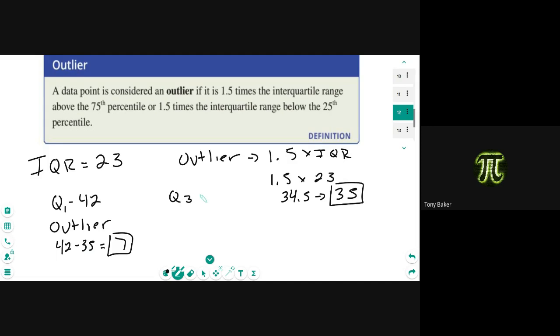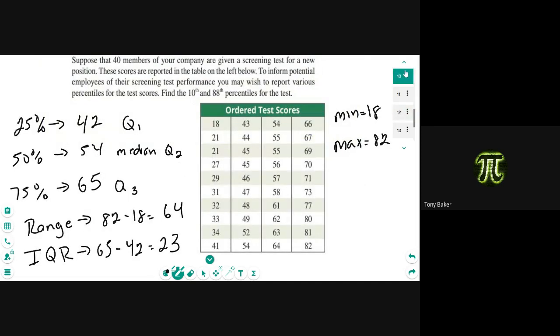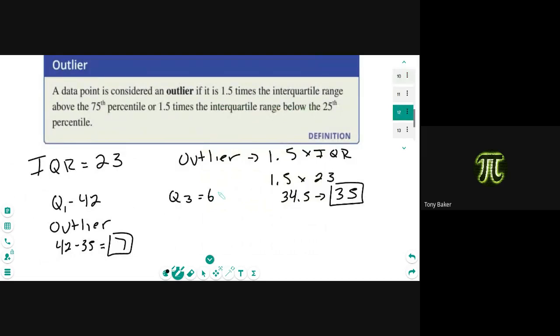And Q3 was 65, yeah. So 65 plus 35, which would be 100. So any numbers greater than 100 would be an outlier.